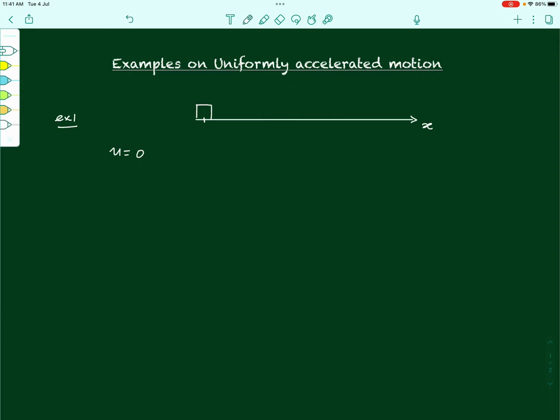And we are given that it moves with an acceleration of 2 meters per second squared, which remains a constant. It does not change with time along the x-axis itself, the positive x-axis. We are supposed to find out, number 1, the displacement of the body in the first 4 seconds of its motion, s in the 4 seconds, t is equal to 4.